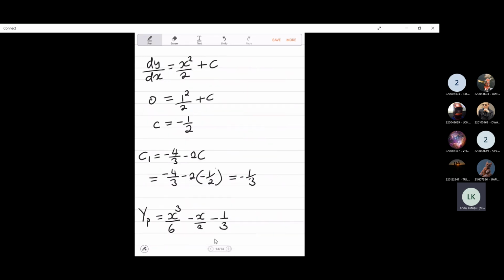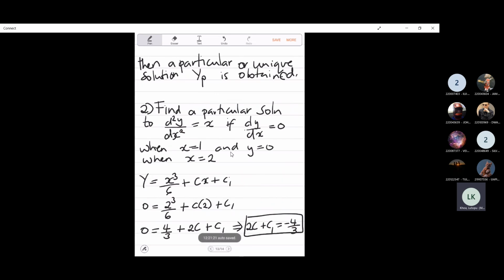But here we don't have arbitrary constants. We know what the constants are equal to. So with finding the particular solution, you will just be given some extra conditions. With those extra conditions, you substitute them into your equations and then solve for the constants that you have. And that's pretty much it.